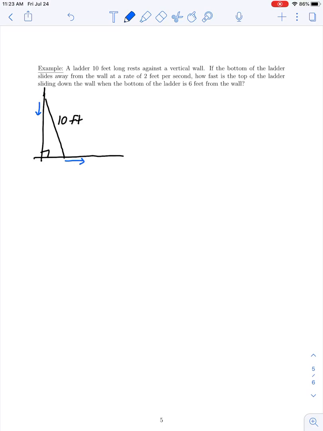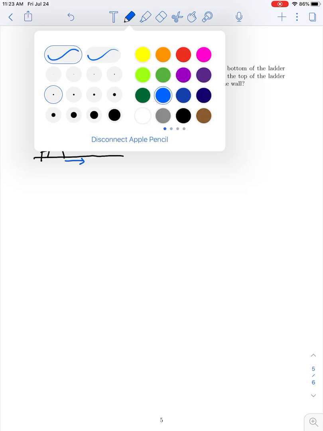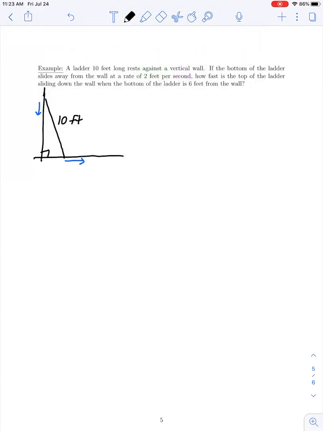So the variables that we're interested in would be the distance from the wall to the foot of our ladder, which I'm going to call x, and the distance from the top of the ladder to the floor, which I'm going to call y. And we need an equation which relates these two quantities to one another.